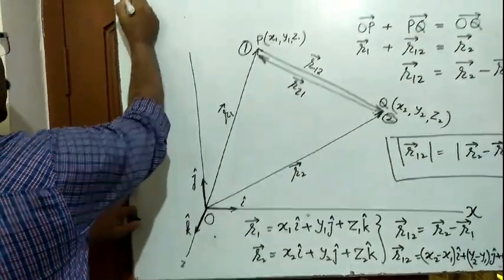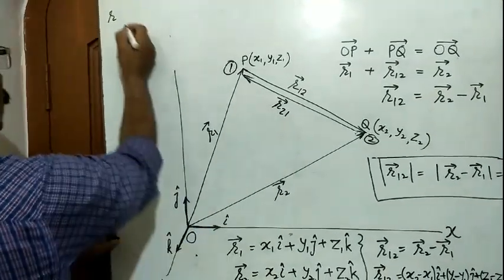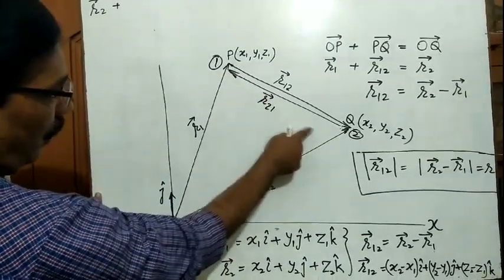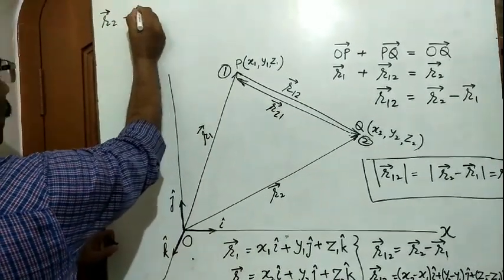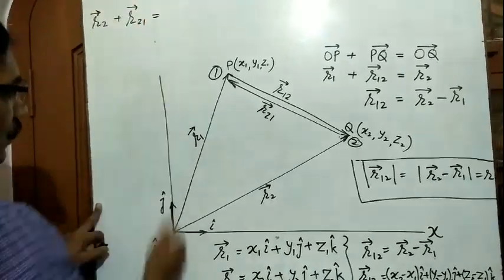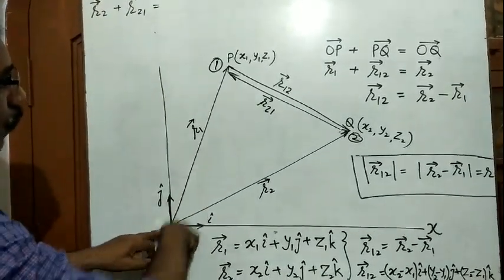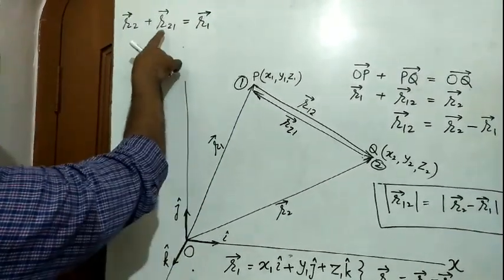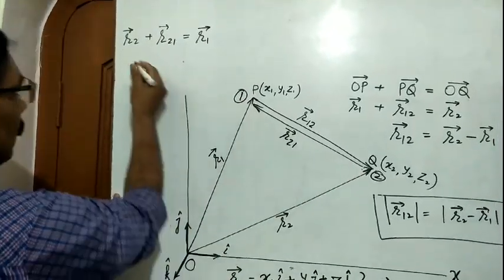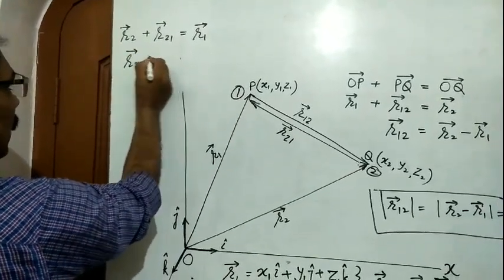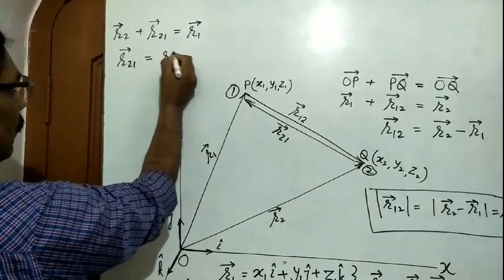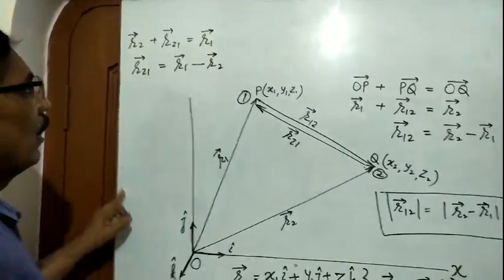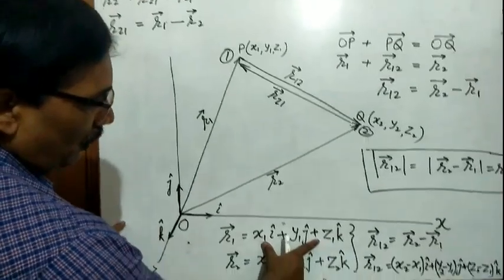Vector r2 plus, from 2 to 1, r21 is equal to the third side, the closing side OP, and it is vector r1. And if you want to find this vector r21, then it will be equal to vector r1 minus r2, transferring this side, it becomes minus. r1 is this much, r2 is this much.